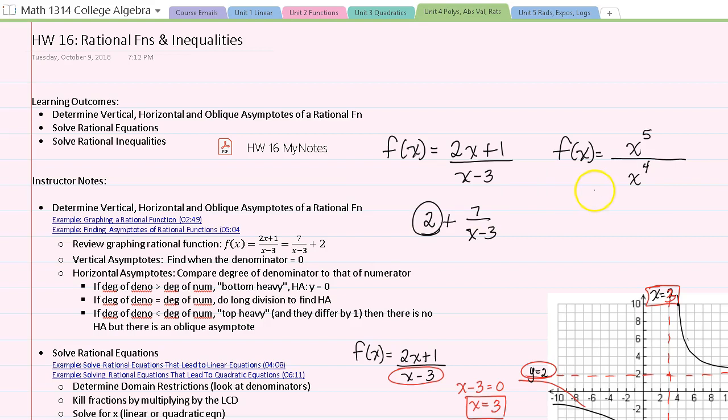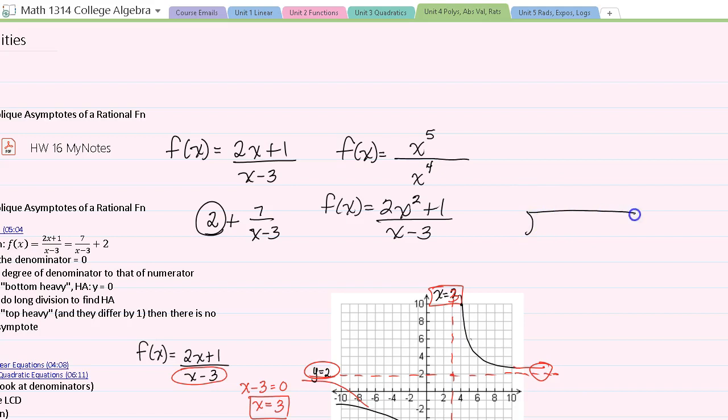For example, let's say we have f of x is equal to 2x squared plus 1 over x minus 3. We see that this is top-heavy, so let's do long division. We will put 2x squared plus 0x plus 1 in the division symbol and our divisor of x minus 3 on the outside.